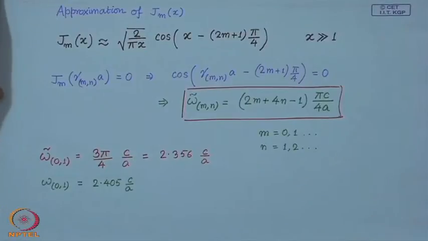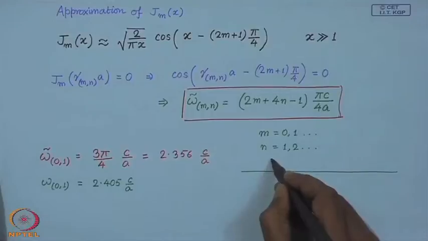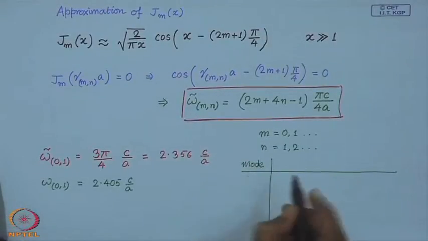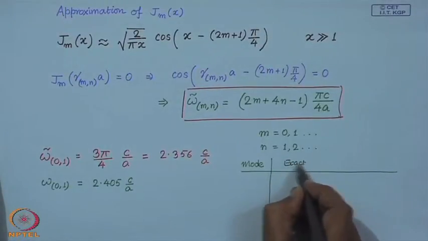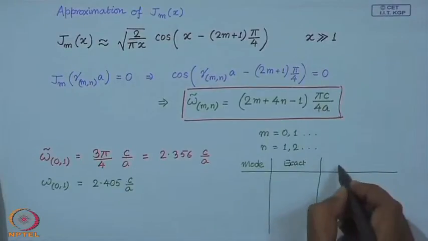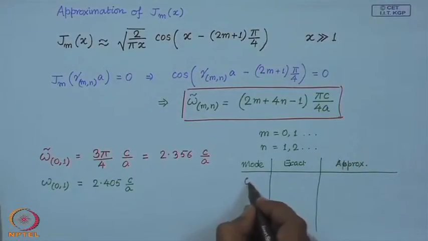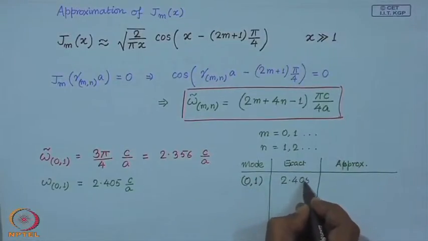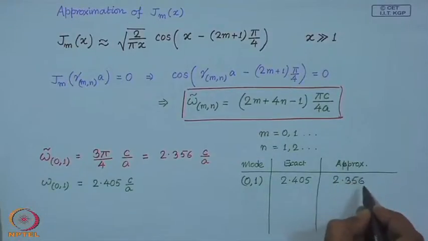So for 0 1, this factor is 2.405, this factor is 2.356.